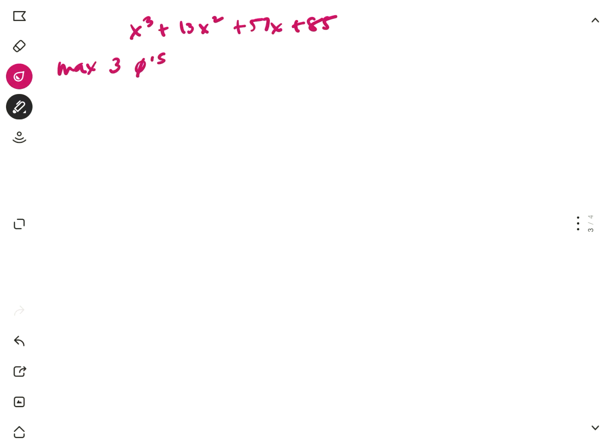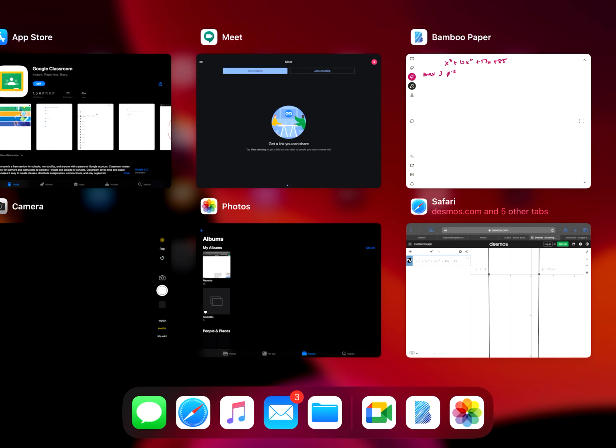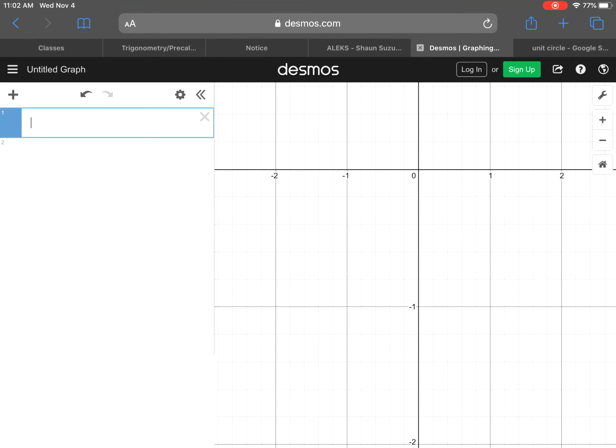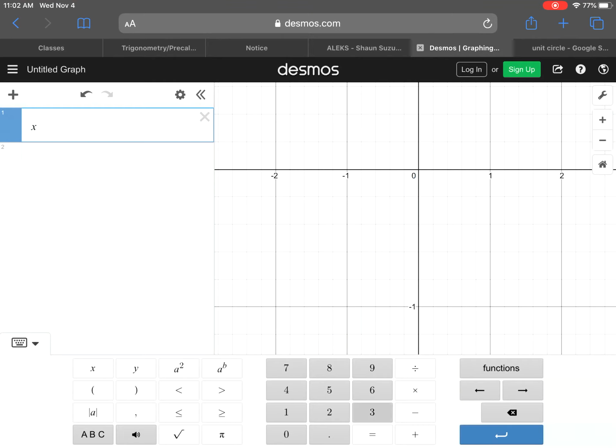Okay, so let's just go ahead and graph this. So x cubed, 13x squared, 57x plus 85.